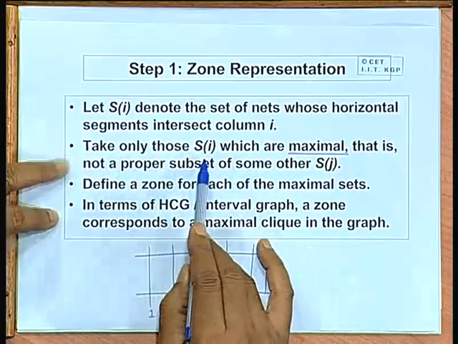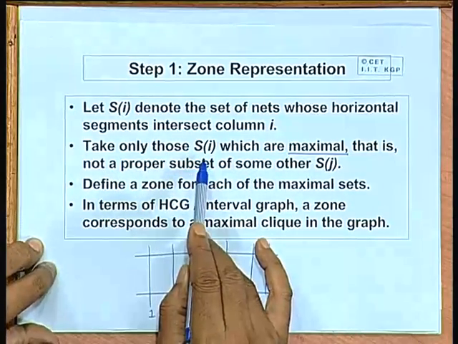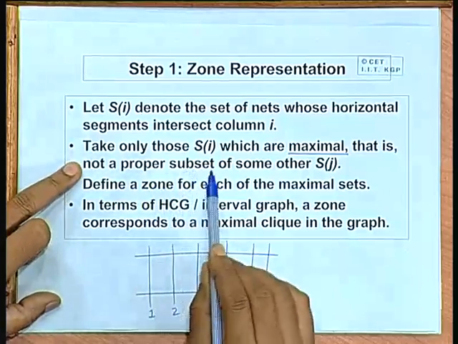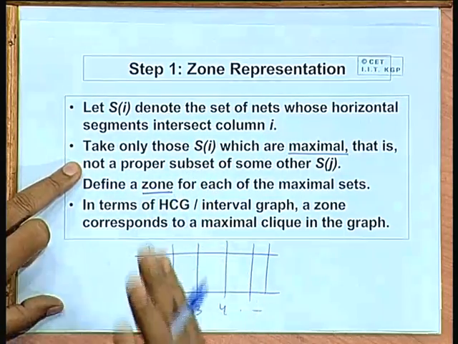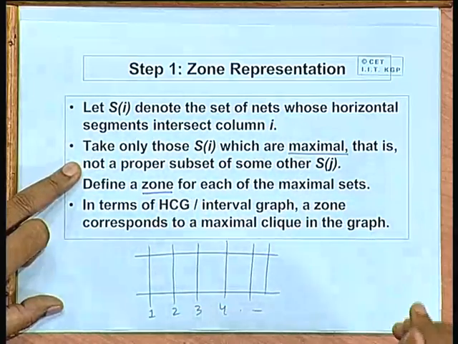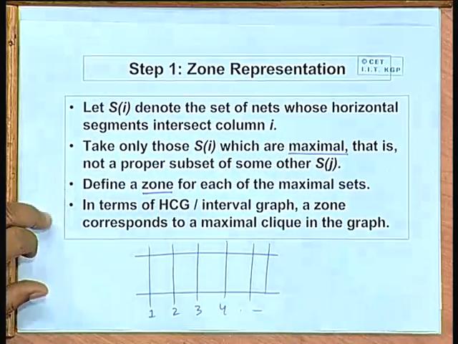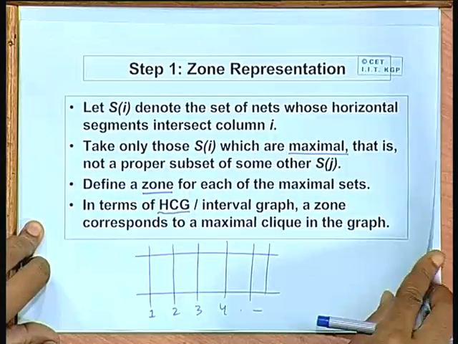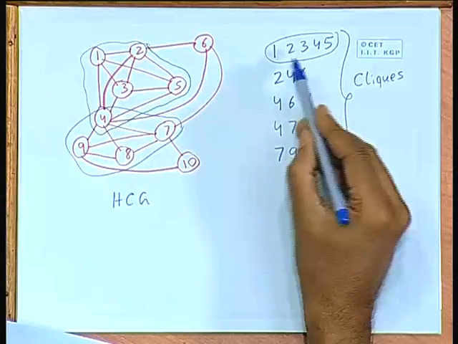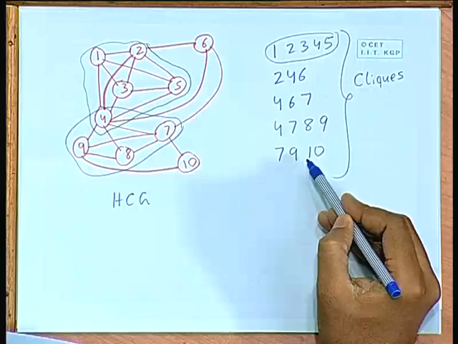Now, once you have identified these maximal Si, you treat each of them as a zone and assign a number to the zone 1, 2, 3, 4, 5 in that order. Now, from the horizontal constraint graph, we have identified these cliques, and these cliques indicate the zones.